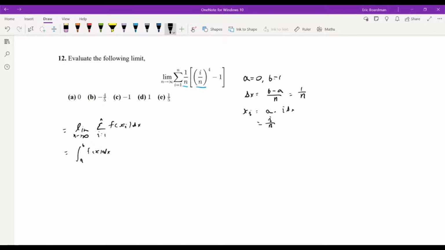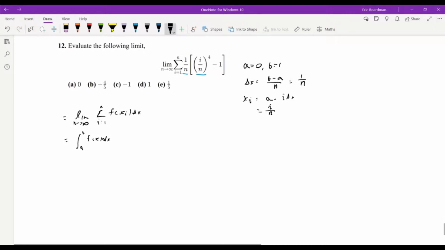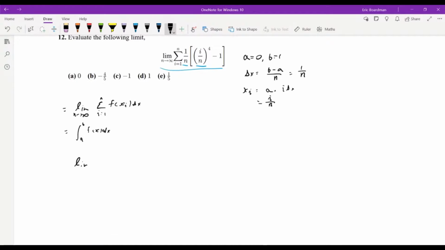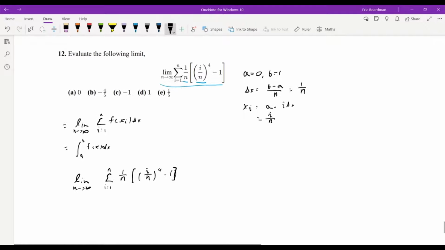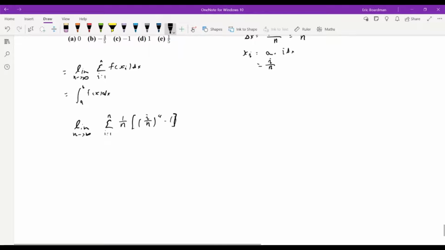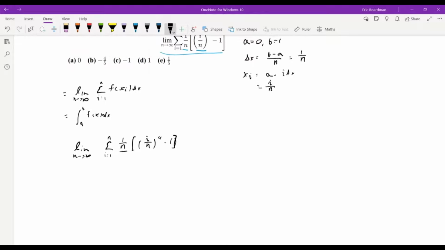So now we'll transform this big thing into an integral. So you know that we have the limit as n goes to infinity of the sum going from I equals 1 to n of 1 over n times I over n to the power 4 minus 1. Now, we know this is delta x.